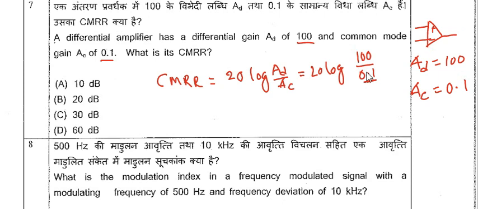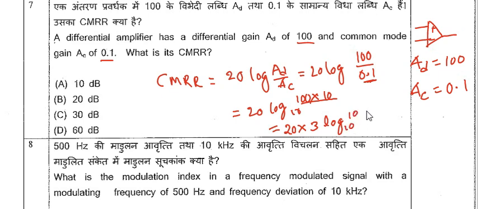Then it becomes 20 log 100 into 10, where the base is 10. So now it becomes 1000, that is 10 power 3. So we can write it as 20 into 3 log 10 to the base 10. This becomes 1, and 20 into 3 is 60. So now the answer is 60 decibels.